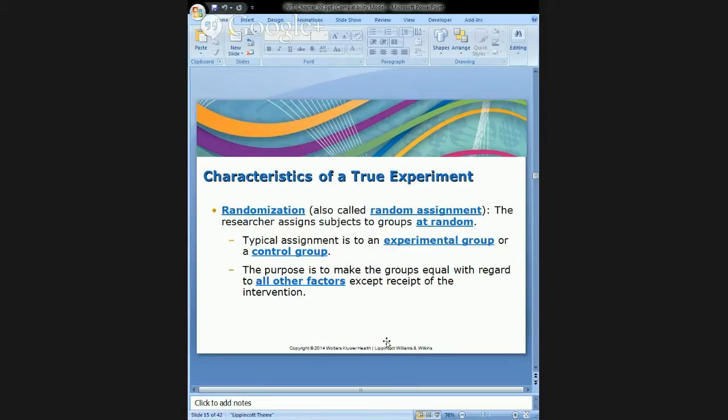In true randomization, it's like a lottery. You just draw a number, and whatever number you draw is the group that you go into, experimental or control. The purpose of this is to take away any researcher bias, to take away any other factors that might interfere with looking at the cause and effect of this intervention that we're wanting to test.